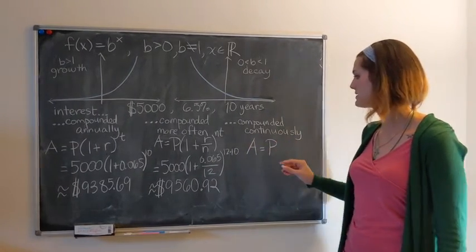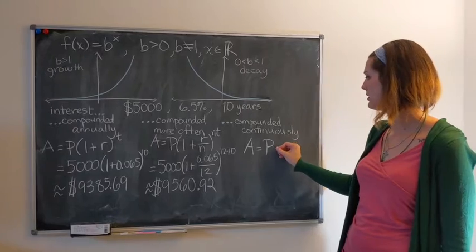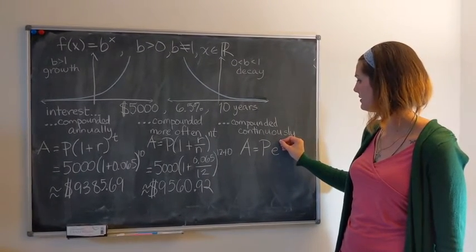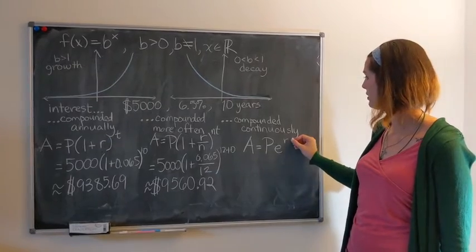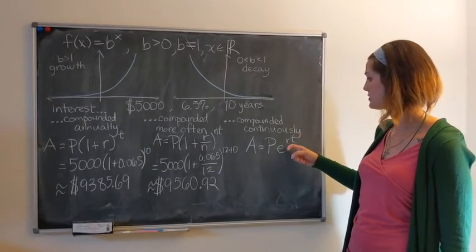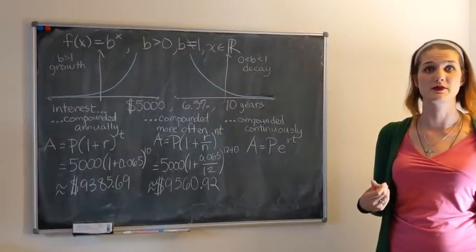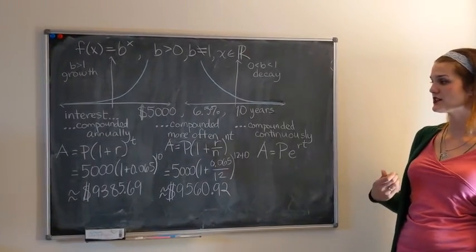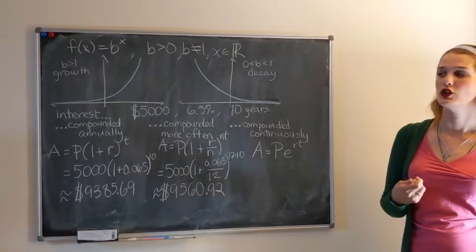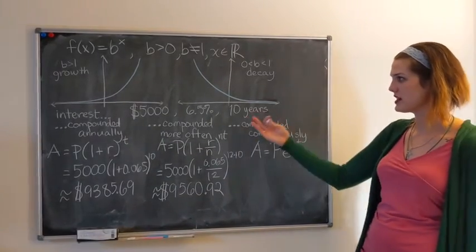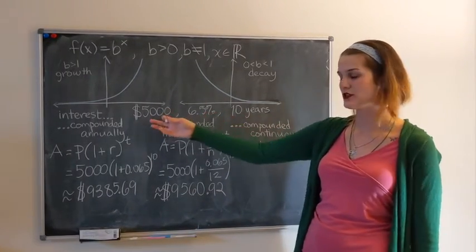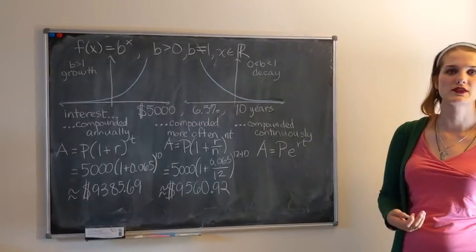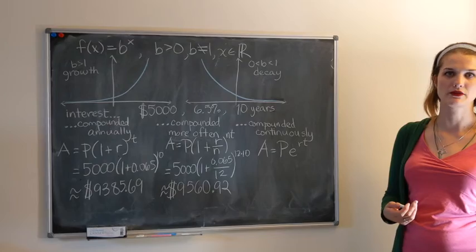And that gives us the principal loan amount times e to the power rt, where r is our interest rate and t still is our time in number of years. So for this continuously compounded interest, using our same amounts, our 10 years, 6.5% interest, with a principal loan amount of $5,000, see how much we'll owe at the end of 10 years using continuous compounding.